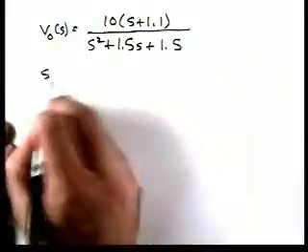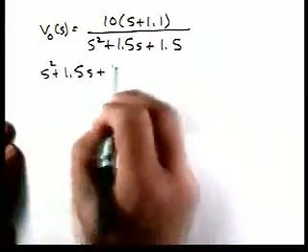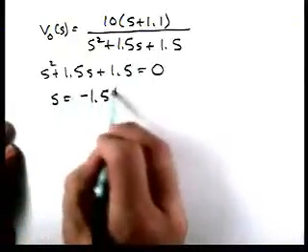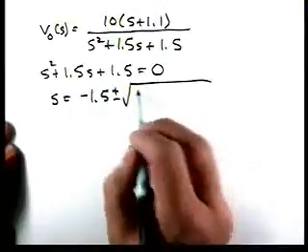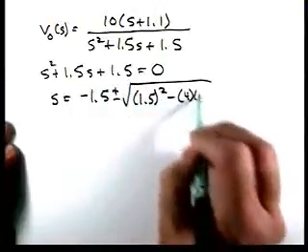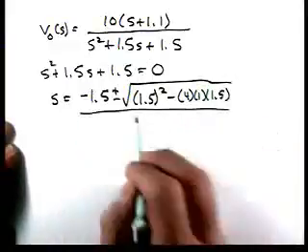If we look at the roots of s squared plus 1.5s plus 1.5, we'll have minus 1.5 plus or minus the square root of 1.5 squared minus 4 times 1 times 1.5, all over 2.